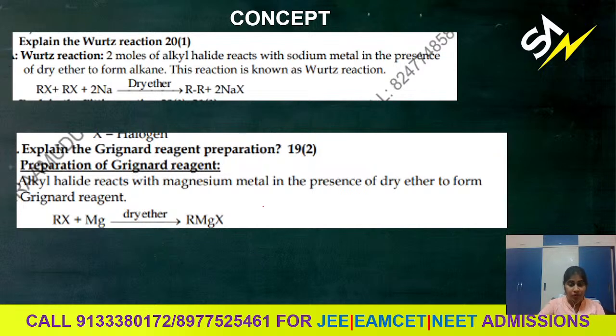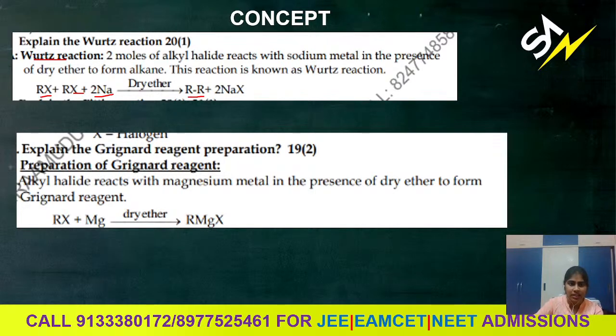And next we have a few very important named reactions in organic chemistry. The main important reaction is Wurtz reaction. If it is given for 2 marks, just define what is Wurtz reaction and what is the product formed. Here alkyl halides react with 2 moles of Na in presence of dry ether, and it gives alkane.